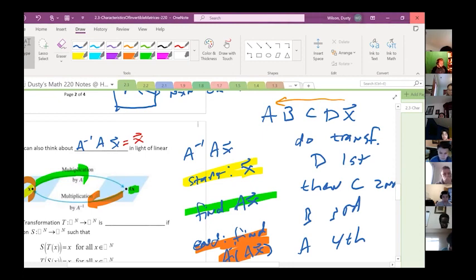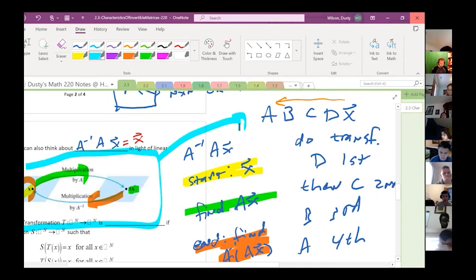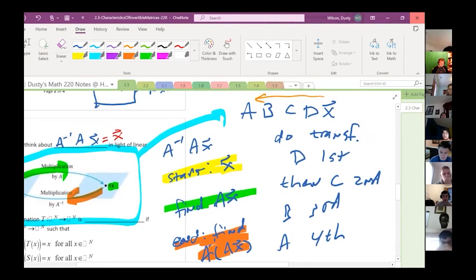Let me talk a little bit about this picture right here, because this picture, we're going to see a lot of pictures of this type as the course progresses. So let me apply that idea to this ABCD illustration.